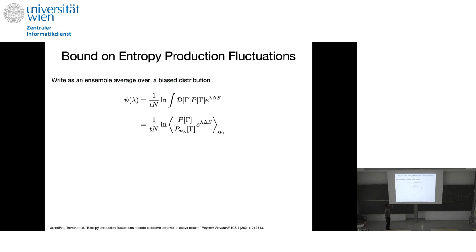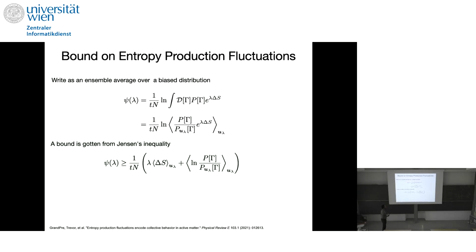So u lambda is a force that you would just add to that original equation of motion, and that would generate a new path probability. And so right now it's general, it could be anything. But if you pick the right one, the one that realizes fluctuations that are proportional to lambda, then this will be better. You don't need as many trajectories to get this average. But right now it's just an arbitrary u of lambda.